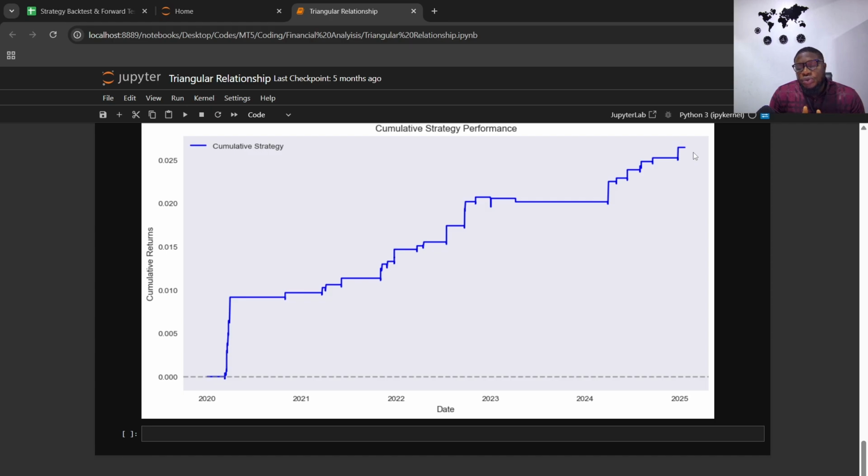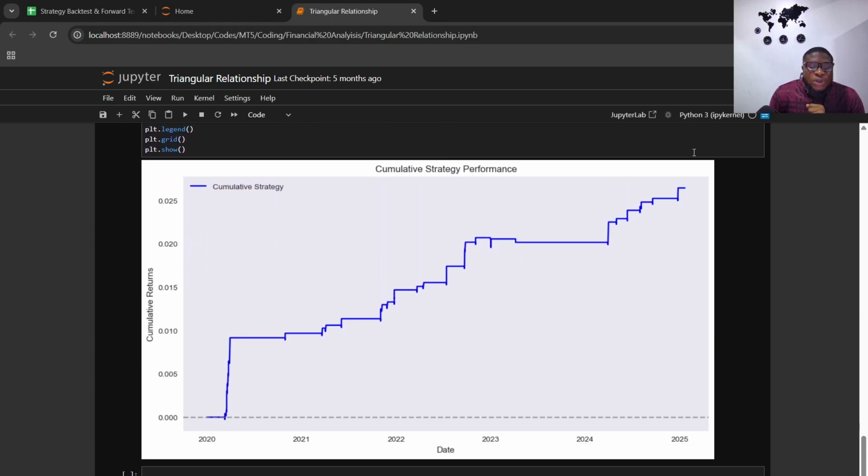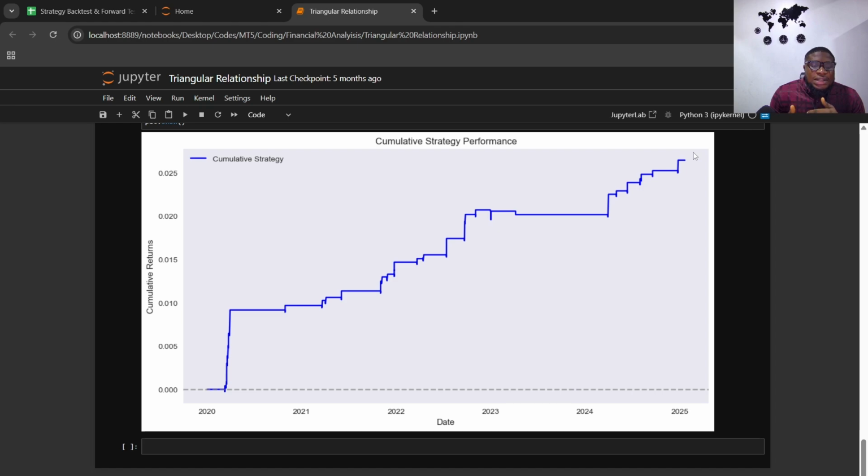So here's what you could do. You could take this research framework that we've developed and test it across other emerging markets, because this has not always been the case. If I go back with this research framework to 2015 or 2005, you're going to see that we actually have a good edge here that we could have traded in the past.